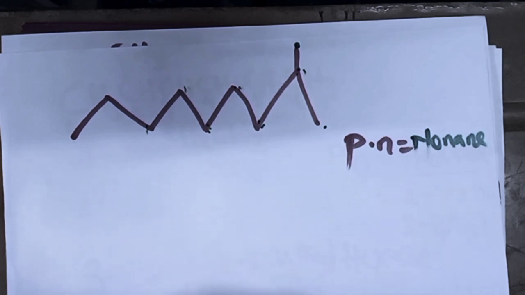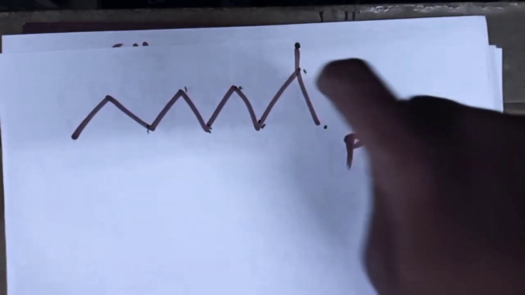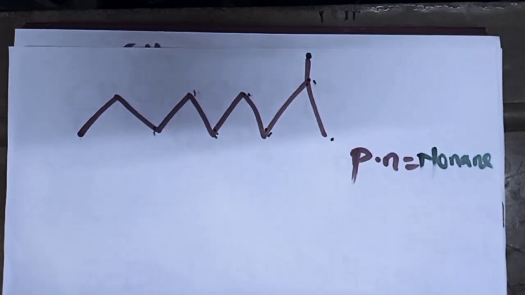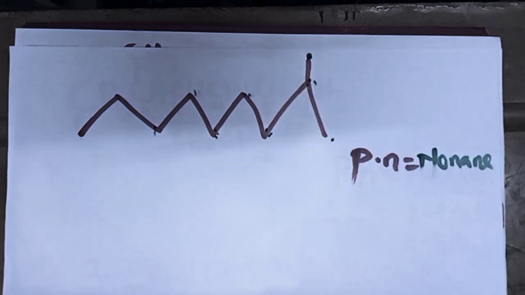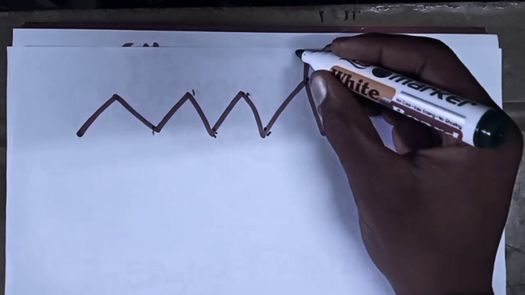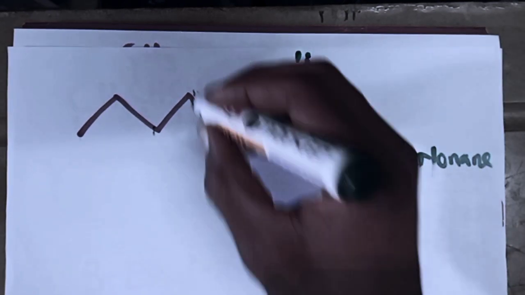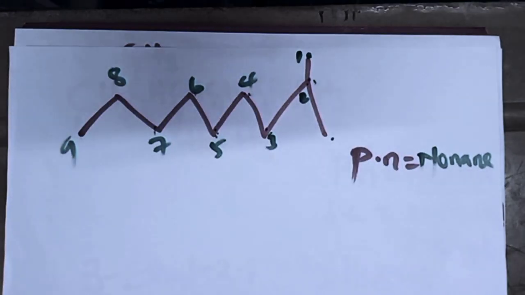So now, this is a side chain, and it is near this carbon. So we'll start counting from here. Meaning this is 1, 2, 3, 4, 5, 6, 7, 8, 9, in that order.